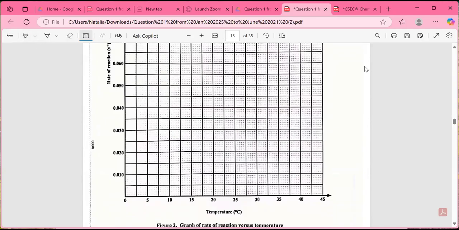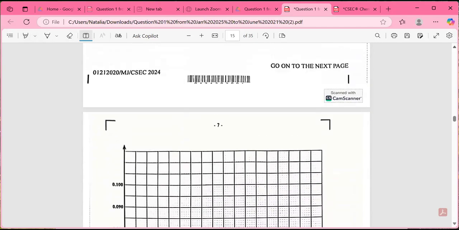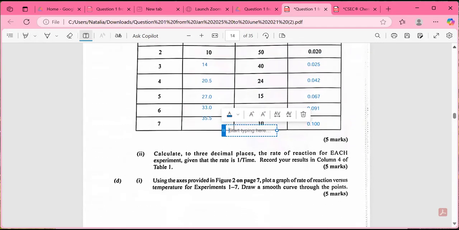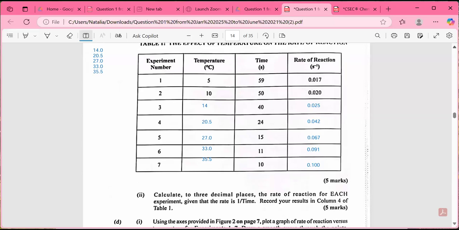So this is the scale. I'm going to put up the graph. So take a picture of the table and then you're going to plot the graph for me, because I'm going to do the exam Friday.